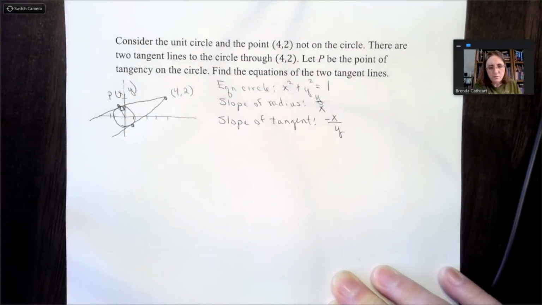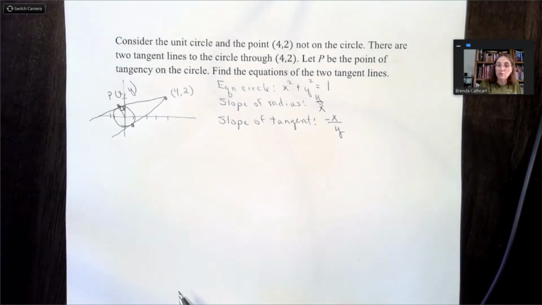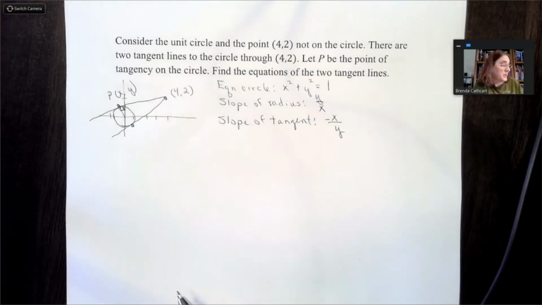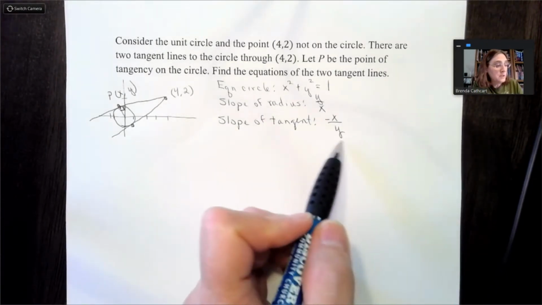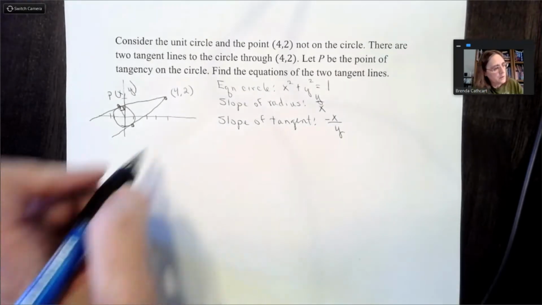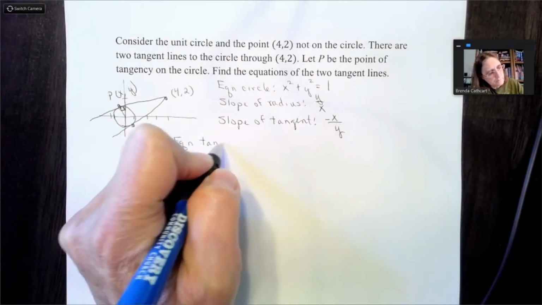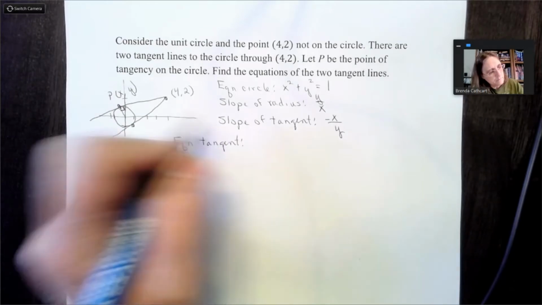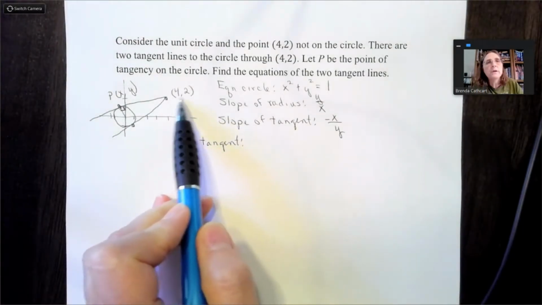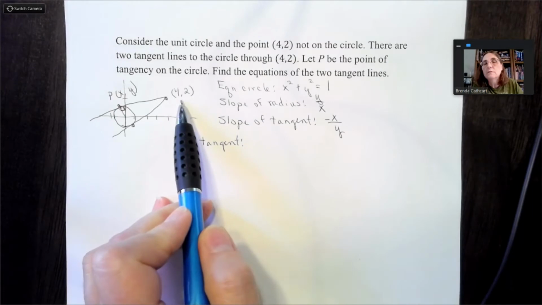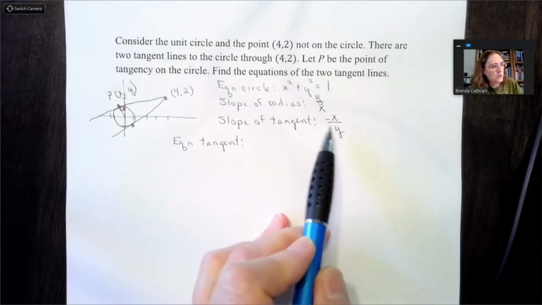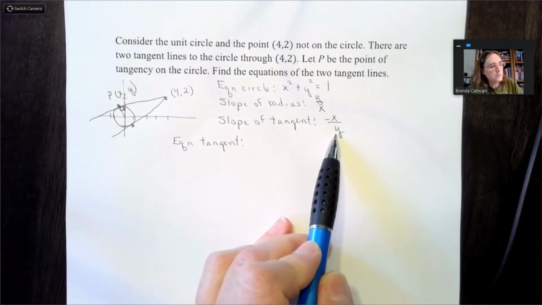We can also write an equation for the tangent line using this slope. So our equation of our tangent line, here's our point that is on the line, and our slope of our tangent is negative x over y.